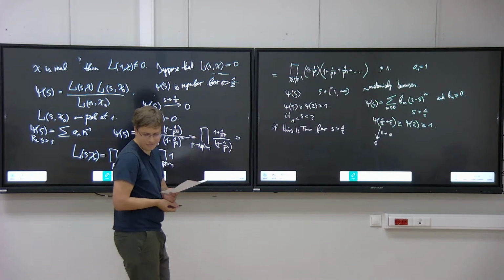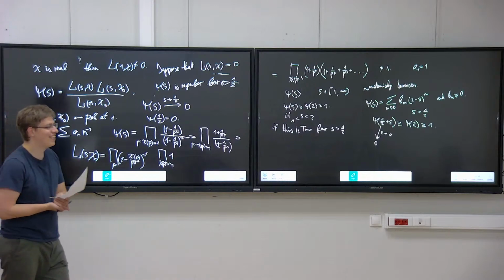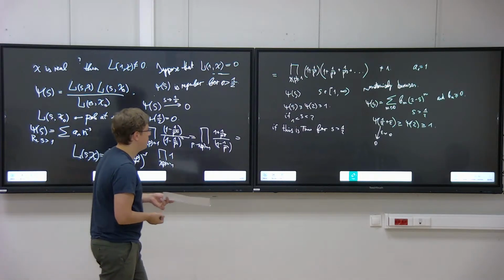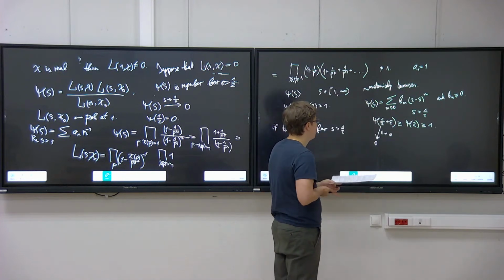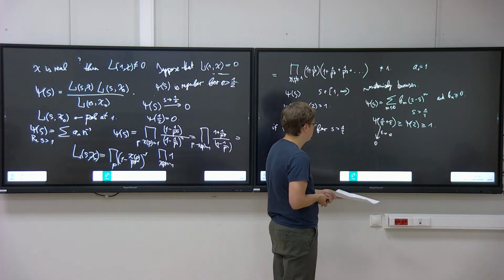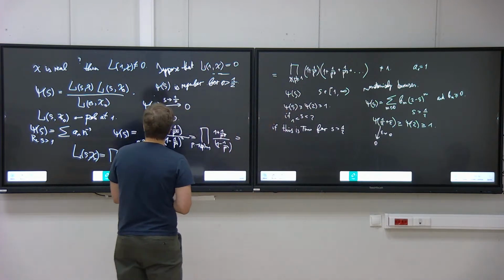То есть у нас получилось, что... Я пытаюсь понять, где здесь противоречие. То, что L от единицы и хи будет нулем, нам мешает регулярности, так?